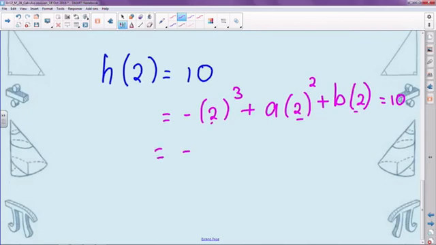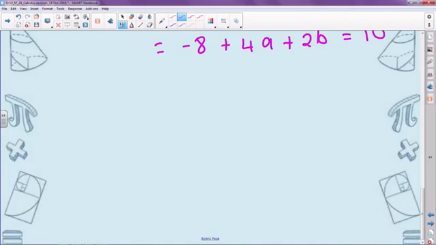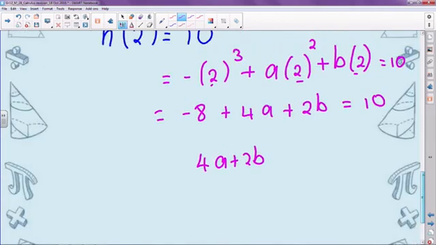So I end up with negative 8 plus 4a plus 2b is equal to 10. I'm going to rewrite this equation by bringing everything over to the left-hand side. So I have 4a plus 2b. When you take your 10 over to the left-hand side, you get minus 10 minus 8 is negative 18.